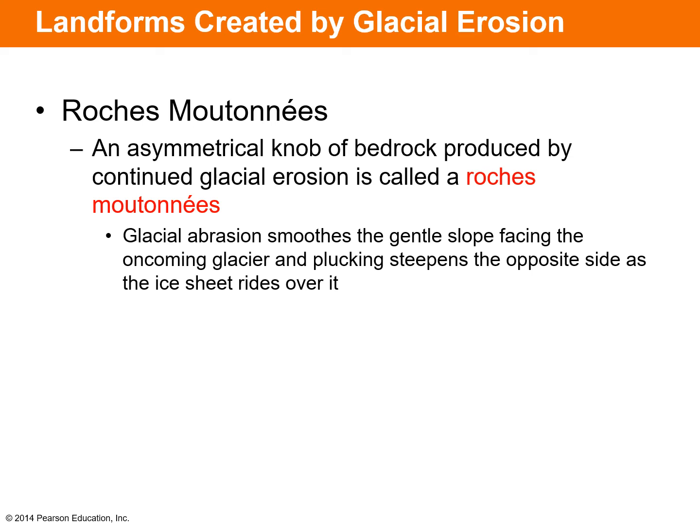And then lastly, another landform caused by glacial erosion is roches moutonnées, which is an asymmetrical knob of bedrock produced by continued glacial erosion. And in this case, glacial abrasion smooths the gentle slope facing the oncoming glacier, and plucking steepens the opposite side of the slope as the ice sheet rides over it.